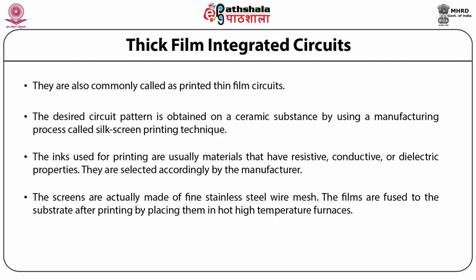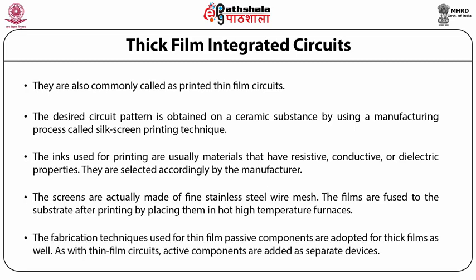The films are fused to the substrate after printing by placing them in hot, high temperature furnaces. Fabrication techniques used for thin film passive components are adopted for thick films as well. As with thin film circuits, active components are added as separate devices.